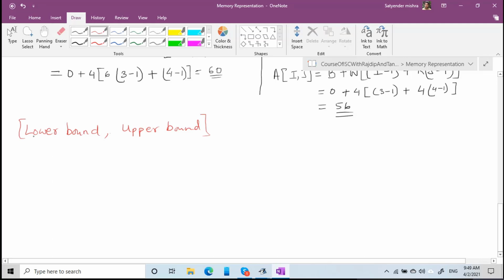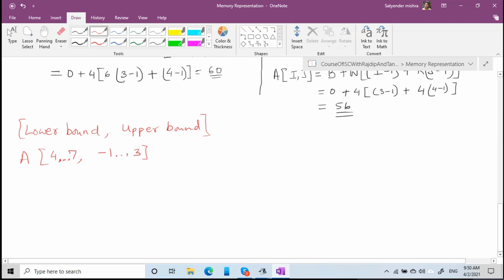Let me show you. If you define the array like A and define it like this, the array will be in the generalized form. For example, the row bounds start from 4 and end at 7, and the column bounds start from -1 and end at some value. This is the definition.